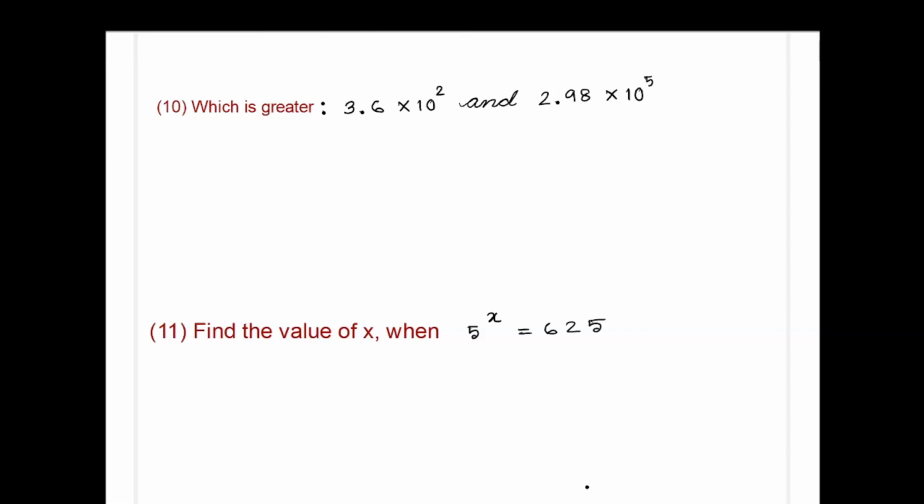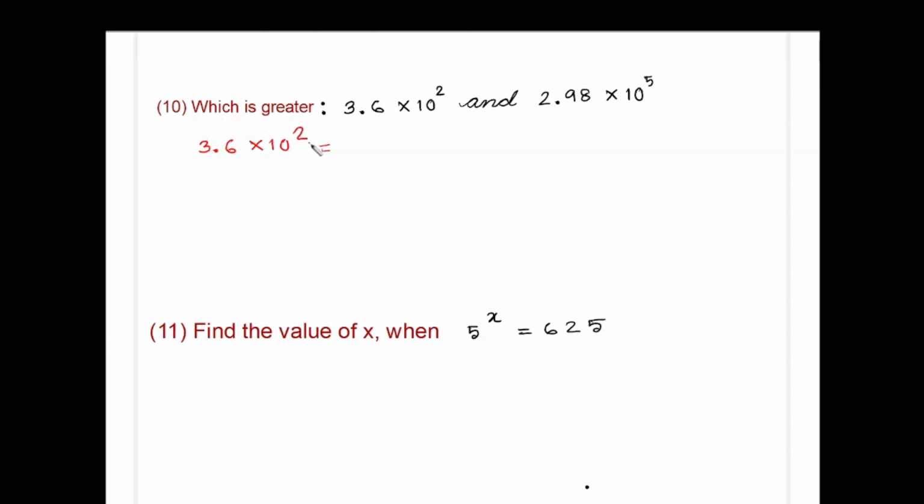Okay, which is greater, 3.6 into 10 to the power 2 and 2.98 into 10 to the power 5? Okay. So first we will write 3.6 into 10 to the power 2. So see, here the point is after how many digits? After 1 digit.